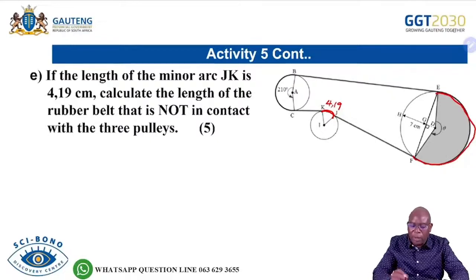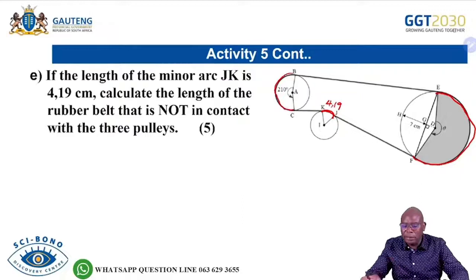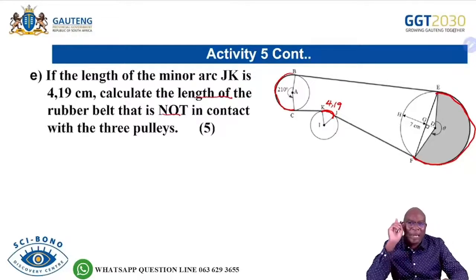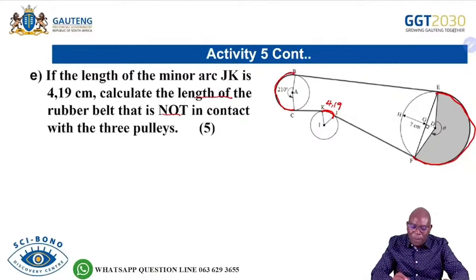So you can see all the parts that I've indicated in red are not needed in this question because it says calculate the length of the belt that is not in contact with the 3 pulleys. So these parts here are in contact with the pulleys. This part is in contact with the pulleys.